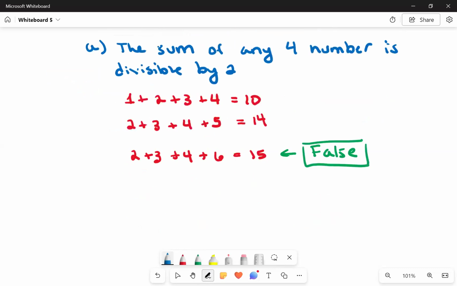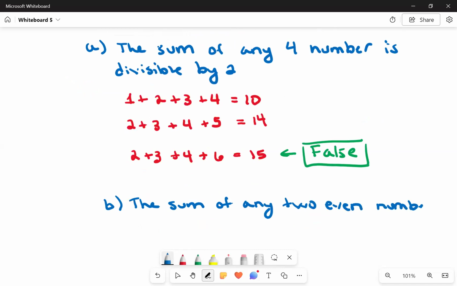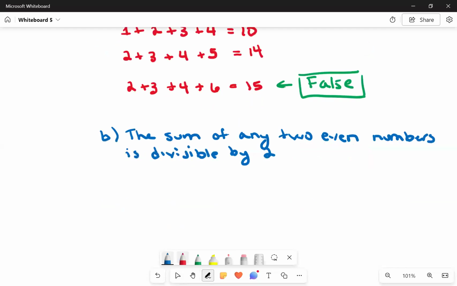Let's try another one. Let's say the sum of any 2 even numbers is divisible by 2. An even number is already divisible by 2, like, for example, 2 and 4.